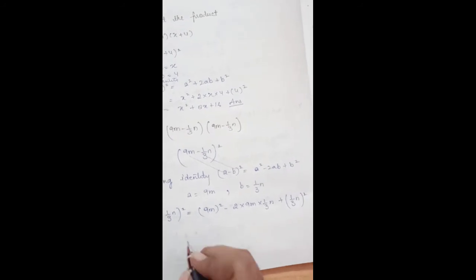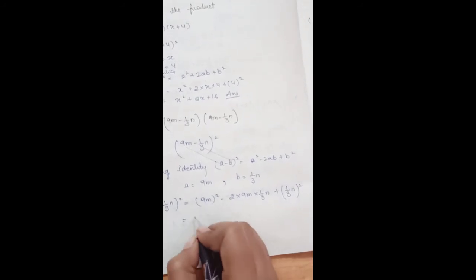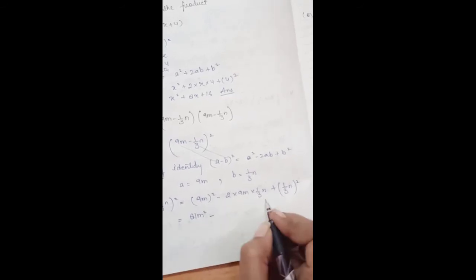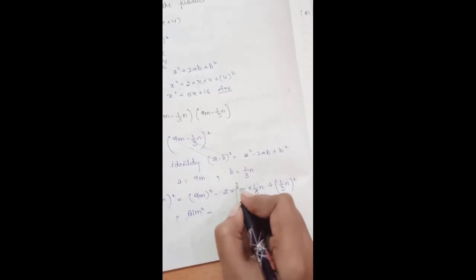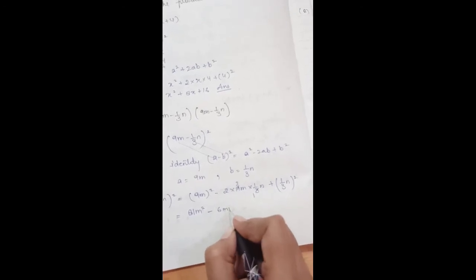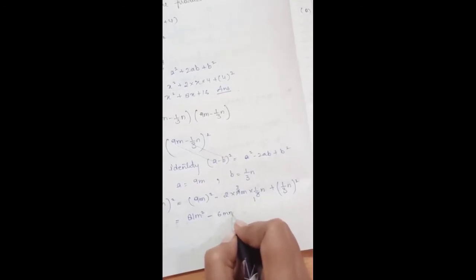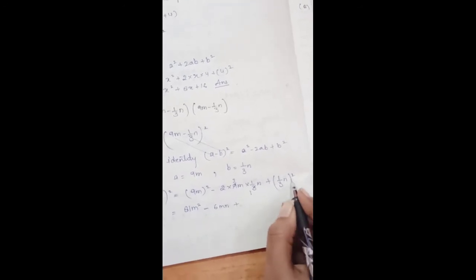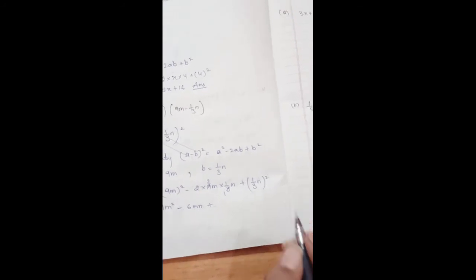Got it? Now (9m) square means 9 9s are 81 m square. Then here 3 1 times, 3 3 times. So here we get 6 m multiplied by n, mn. Right? Now here (1 upon 3n) whole square. What does it mean? That it is multiplying 2 times.